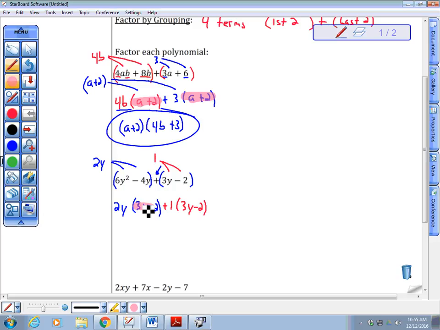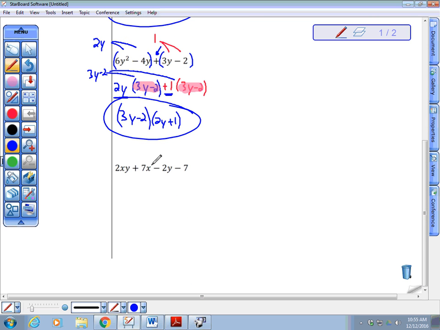Again, you should have a common factor, something that can be factored out, and that is going to be the 3y minus 2. So GCFing a 3y minus 2, put it in parentheses, and what remains is a 2y as well as a plus 1.